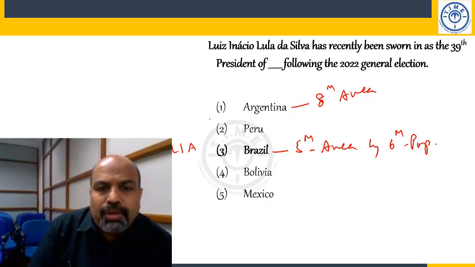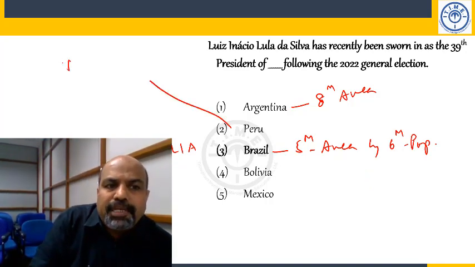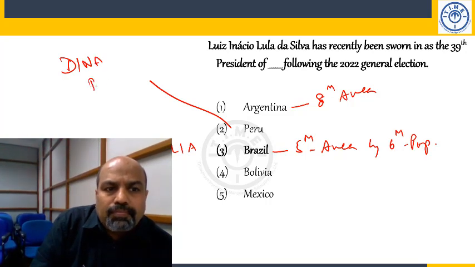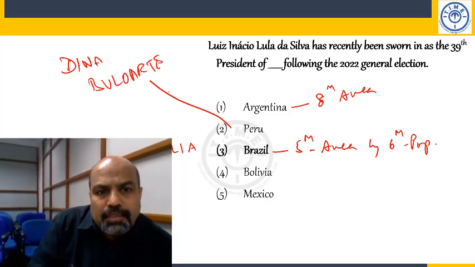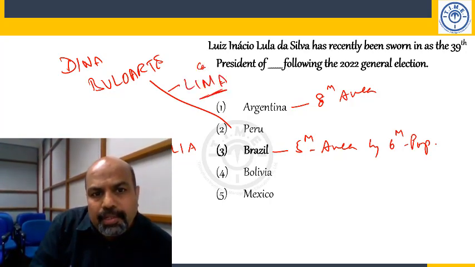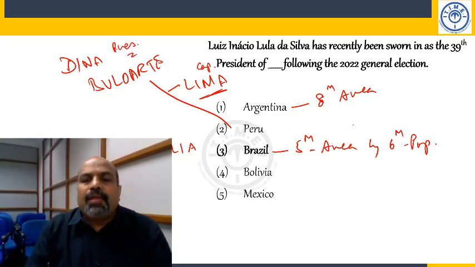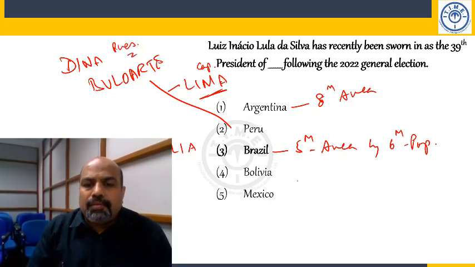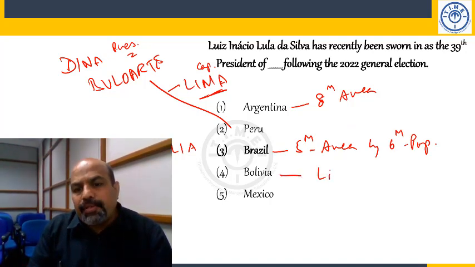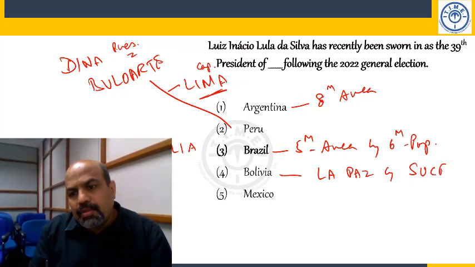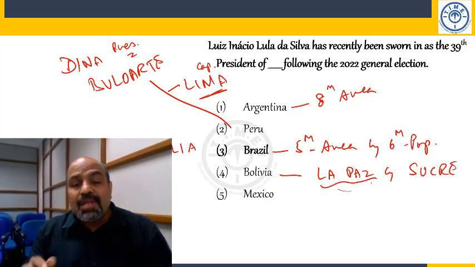Argentina, Peru. Peru has a new president, Dina Boluarte. She runs the country from the capital Lima. President Dina. Okay. Bolivia has two capitals, La Paz and Sucre. You can write one thing about La Paz.